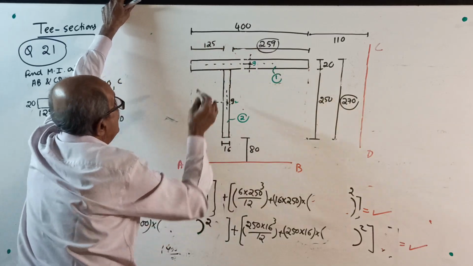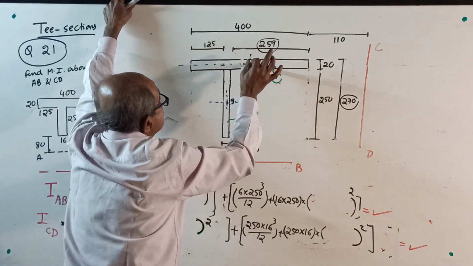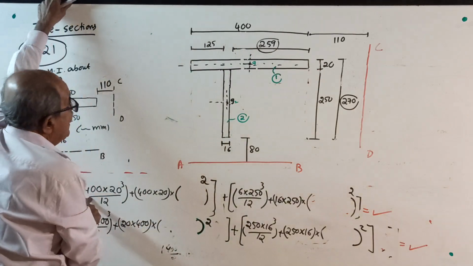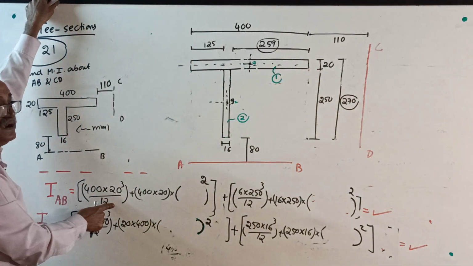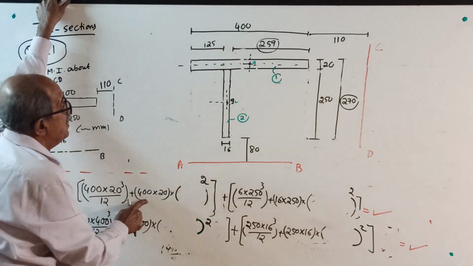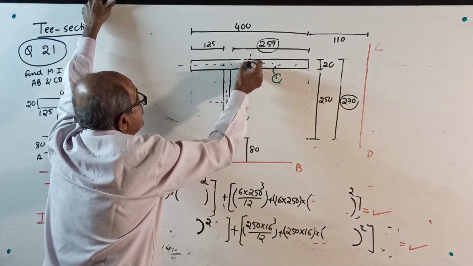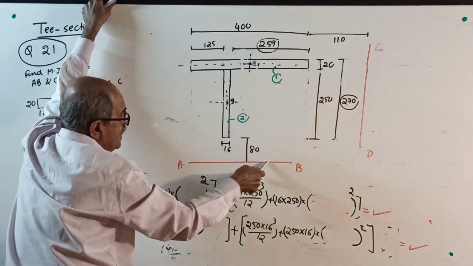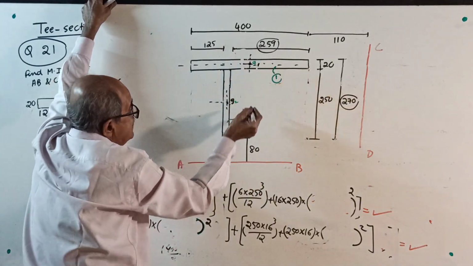I about AB. First, about its own centroidal axis: 400 into 20 cube by 12. If not clear, leave the class right now. Plus area into the distance from centroid G1 to AB, squared.